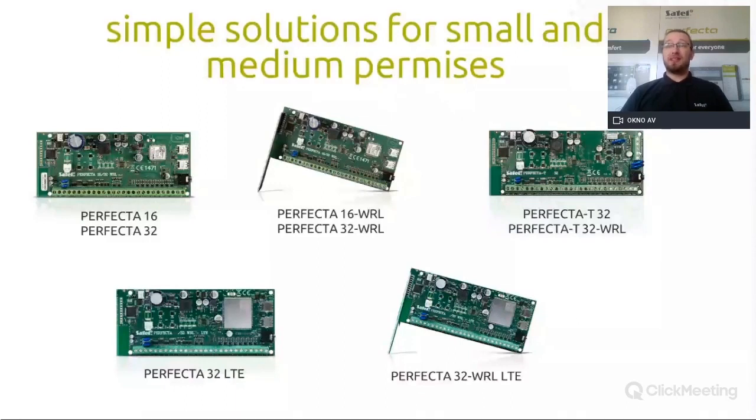There is also Perfecta T. It means that it doesn't have a GSM GPRS unit on board, but it supports a PSTN line modem. So you can use it with PSTN telephone lines as many other old versions of a panel, but of course we also needed to implement this part. And there are 2 more, Perfecta 32 LTE and WRLTE. It means that it supports not 2G but 4G respectively for this unit.